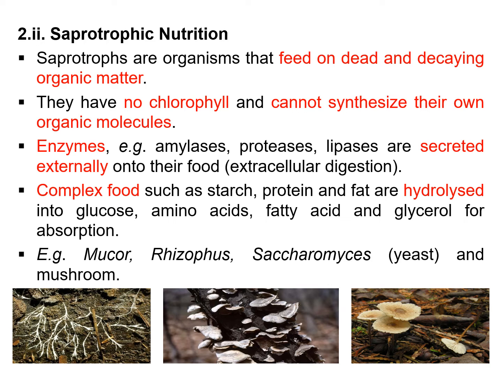There are a few types of organisms under saprotrophic nutrition, such as Mucor, Rhizopus, Saccharomyces, and mushroom. We can see most of the organisms under saprotrophs are in the group of fungi.